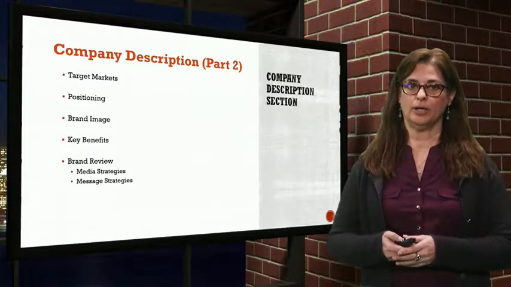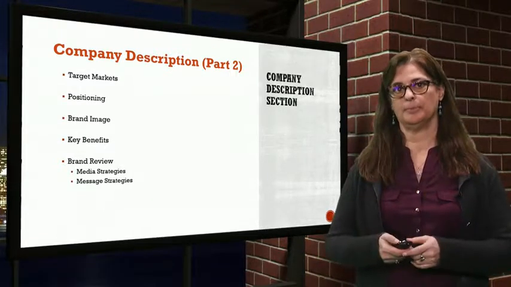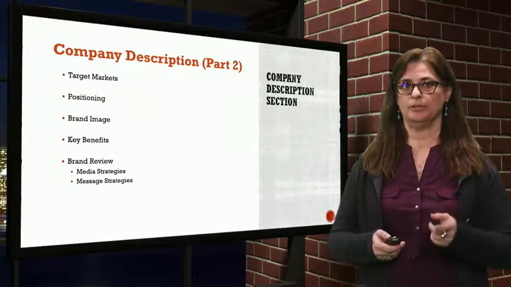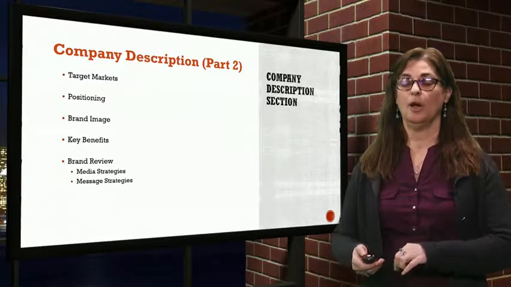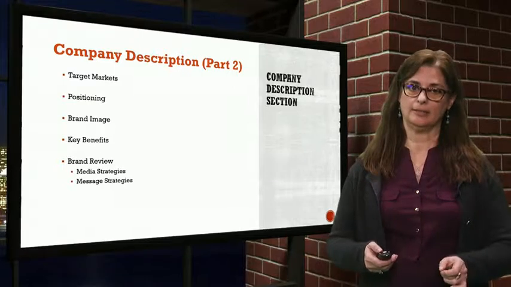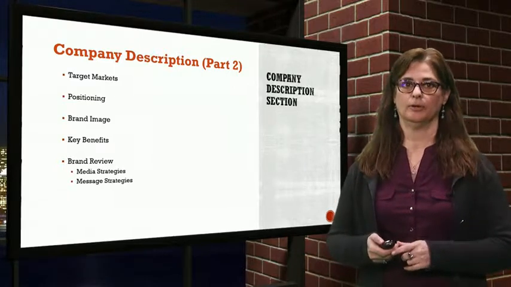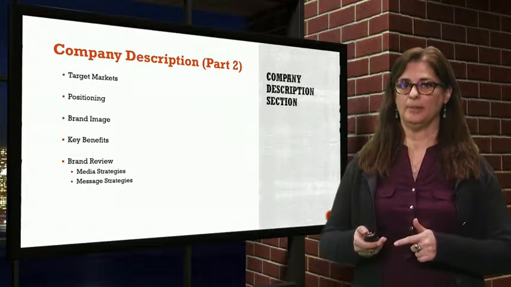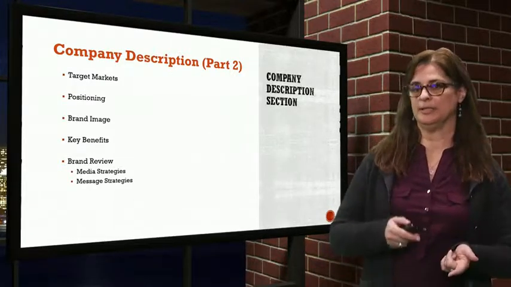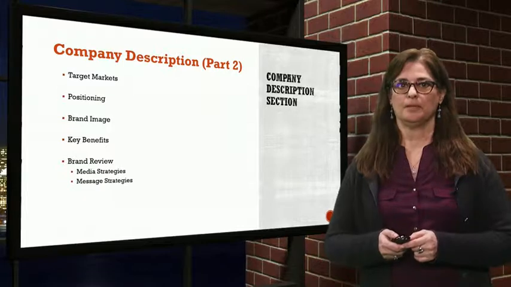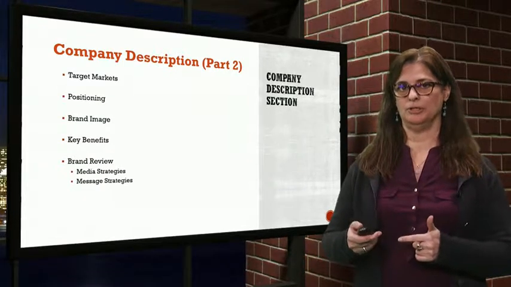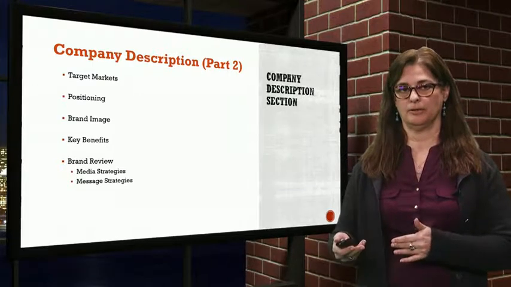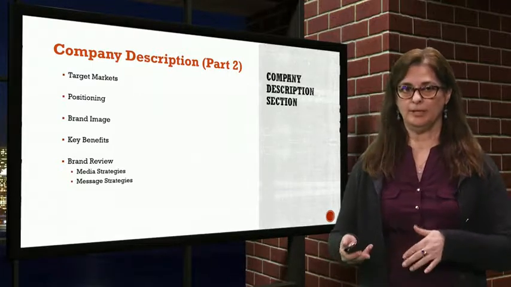Okay, you're going to want to find out how your product is positioned in the industry. Now remember, positioning refers to the distinct place your product occupies in the industry, relative to competing brands, in the minds of the consumer. So think of your value proposition and identify your position in the market. Some common positioning strategies include a company might position themselves against a competitor or within a category.